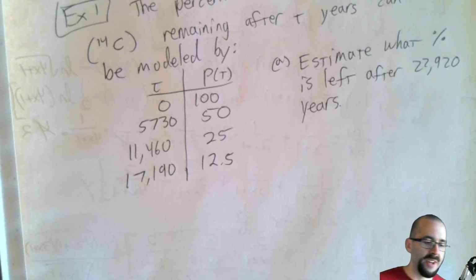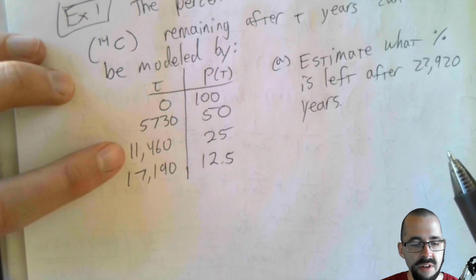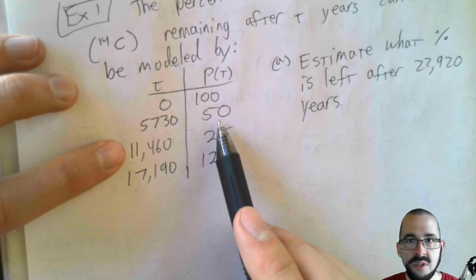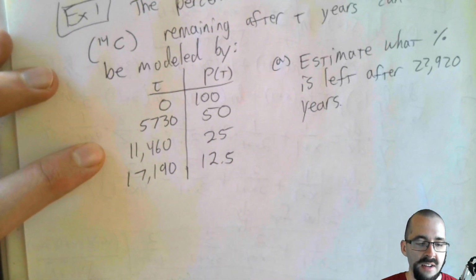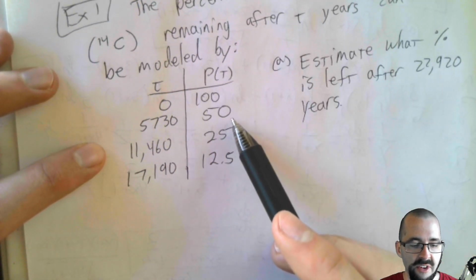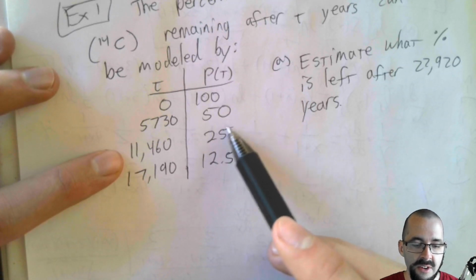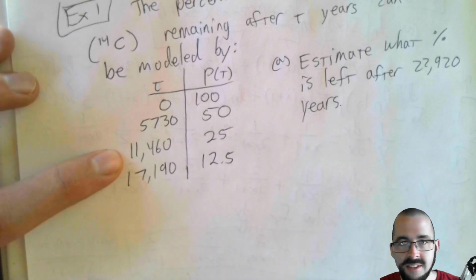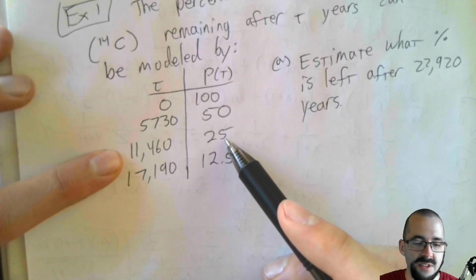So notice what's happening, right? Every 5,730 years, we lose half of what we have left. Okay, right? In the first 5,730 years, we lost 50%. Next, we lost another 50% of what's left, right? 50% of what's left is 25%.